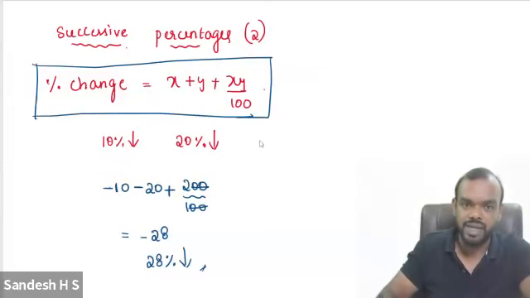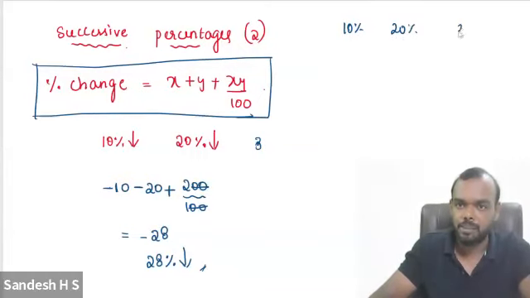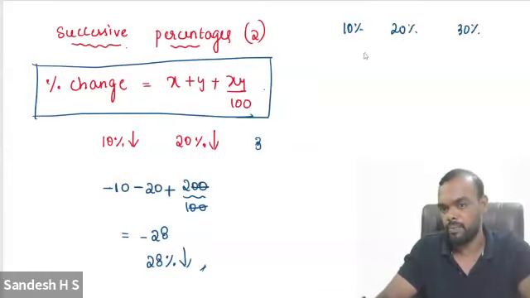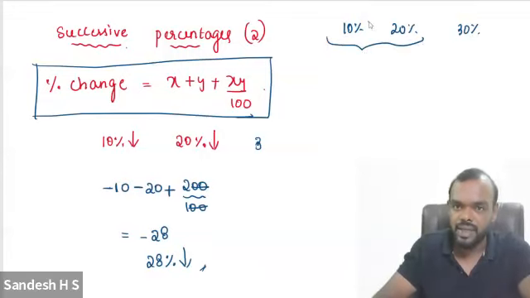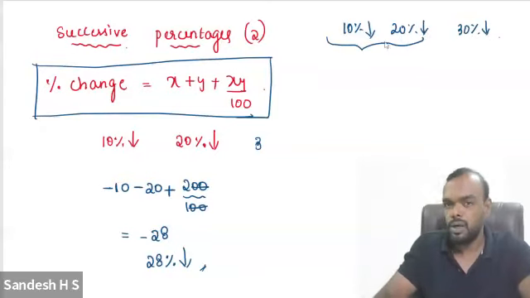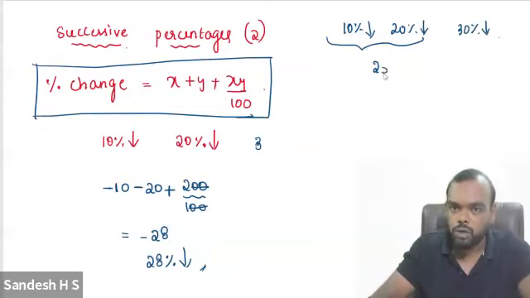Let me show you. If there is another discount of 30%, 10%, 20%, and 30%, 3 discounts are there. Okay. What do you have to do? First, apply for these 2. Discounts means a decrease, keep it in mind. When I solved for first 2, I got a 28% discount.